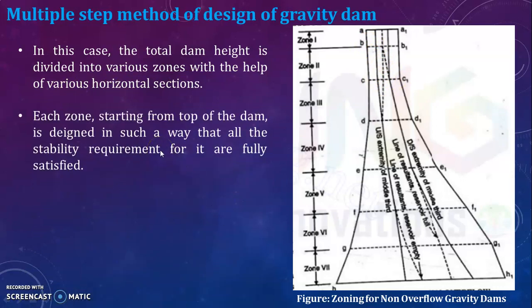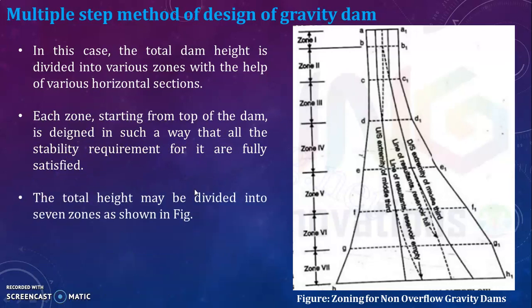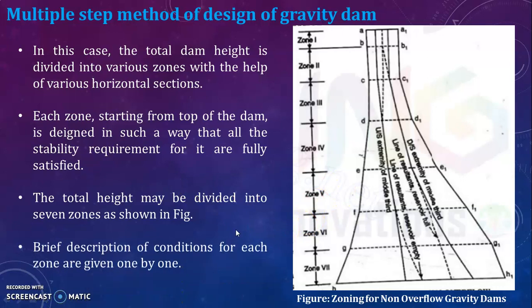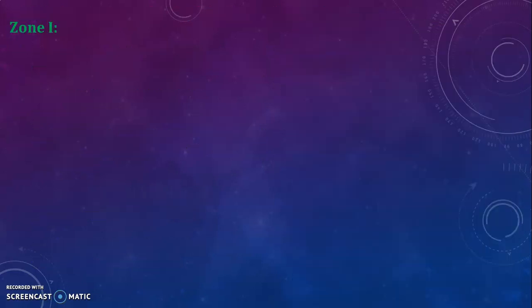Each zone starting from the top of the dam is designed in such a way that all the stability requirements for it are fully satisfied. The total height may be divided into 7 zones as shown in the figure. A brief description of the conditions for each zone is given one by one.